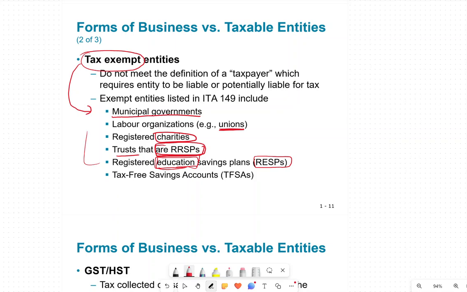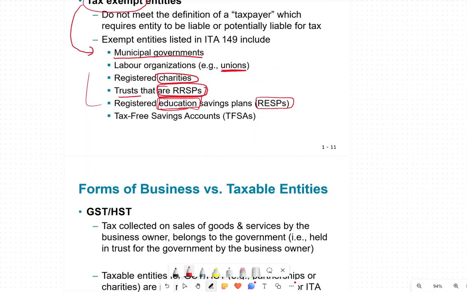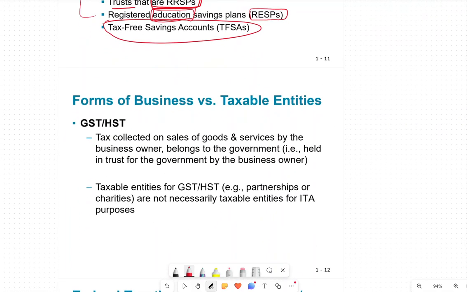Also the tax-free savings account, we do not pay taxes. There's a limit every year. You can put money in your tax-free savings account and invest that money, and any interest or dividend earned on that income is tax free.